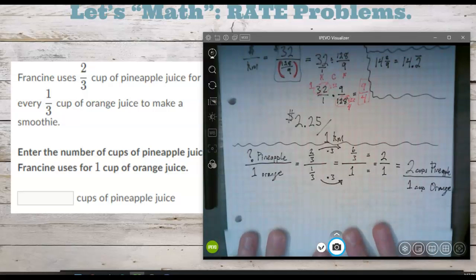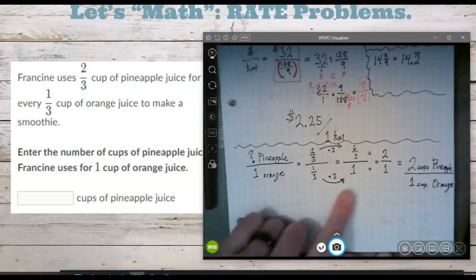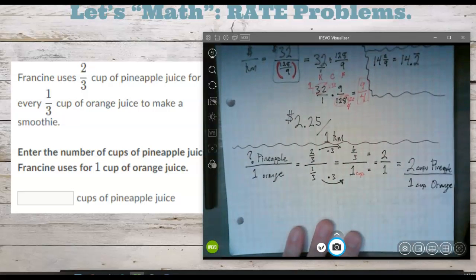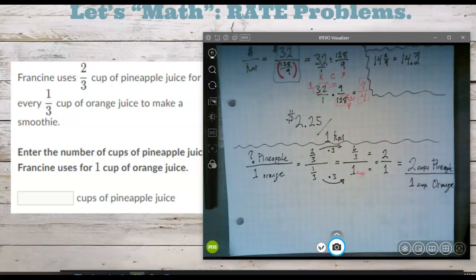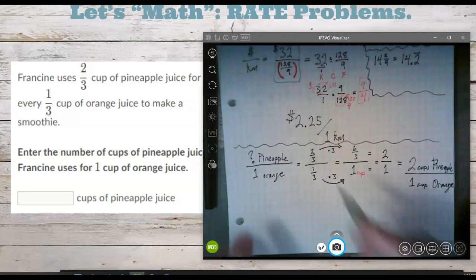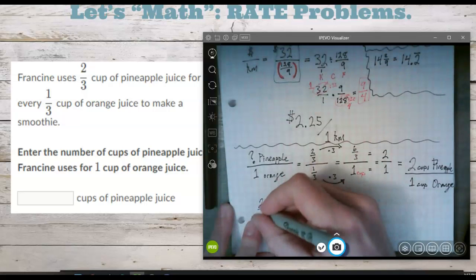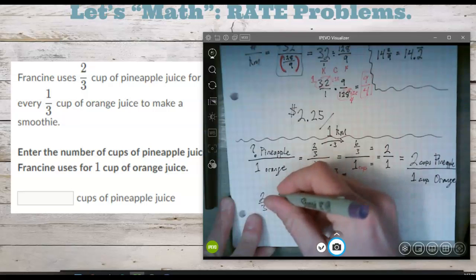Then we know to get from 1/3 to 1, because we want 1 cup of orange juice, we just multiply by 3. The other thing we could do here is write out this division as 2/3 divided by 1/3.